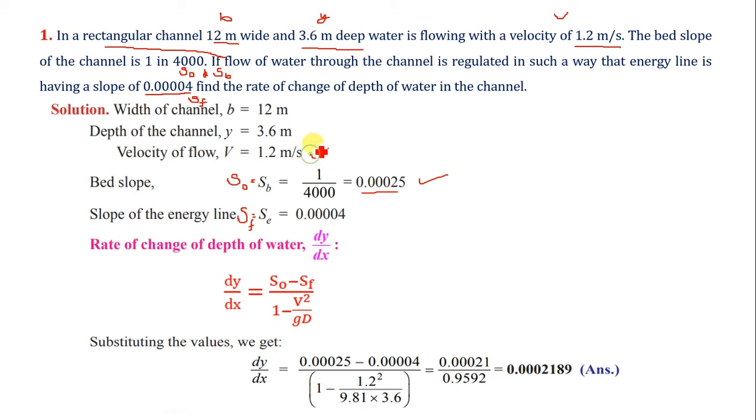The velocity of the flow, depth of the channel, and width of the channel are given. Now he is asking you to find one single thing: the rate of change in depth. This is the dynamic equation, dy/dx equals S naught minus Sf by 1 minus Froude number square, where Froude number square is nothing but V square by gD.